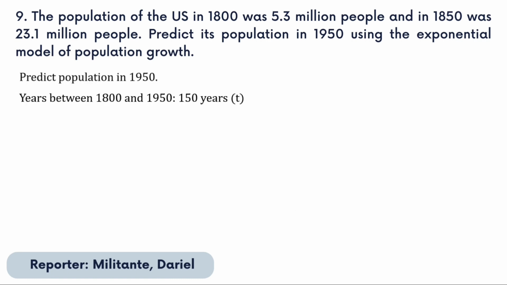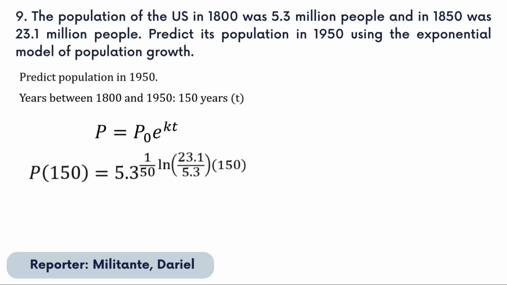Now that we have the value of growth rate, we can predict the population for 1950. Again, use the formula for exponential growth. That will give us P of 150 is equal to 5.3 times e raised to 1 over 50 times ln of 23.1 over 5.3 times 150.